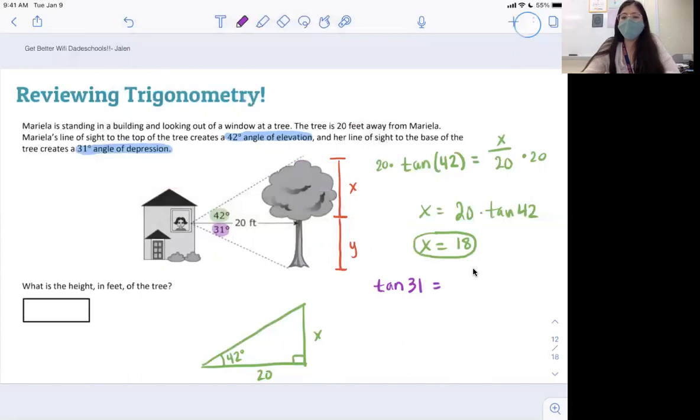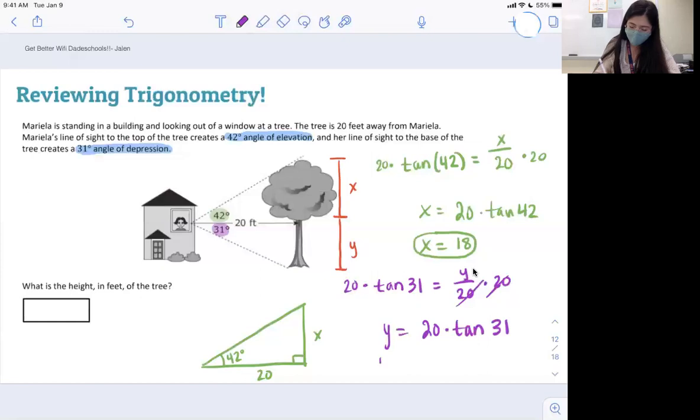What would be tangent of 31? Y over 20. Similar situation, I gotta multiply both sides by 20. So now I'm doing 20 times the tangent of 31. Go ahead and use your calculators.